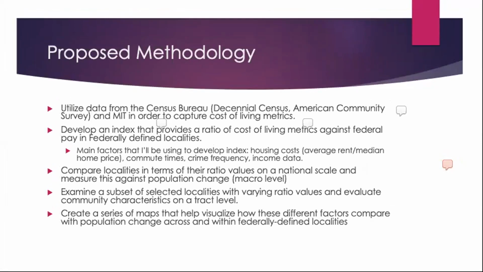And then I want to take these factors and develop an index that accounts for all of these against how much you're being compensated for a specific area. And then once I have this ratio with all these metrics, I'll compare the localities in terms of the ratio values on a national scale, and then how that stacks up with population change in these different regions.